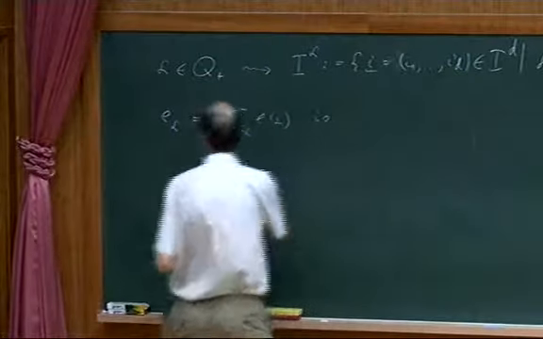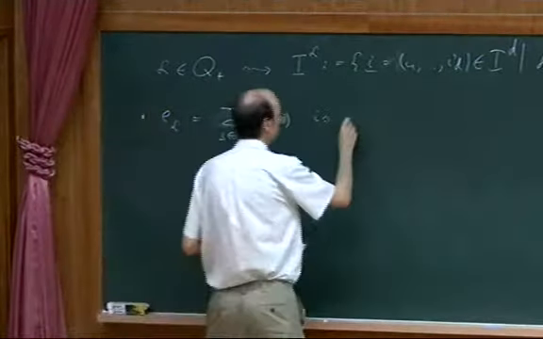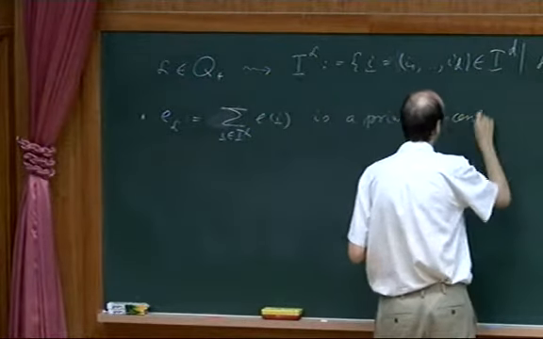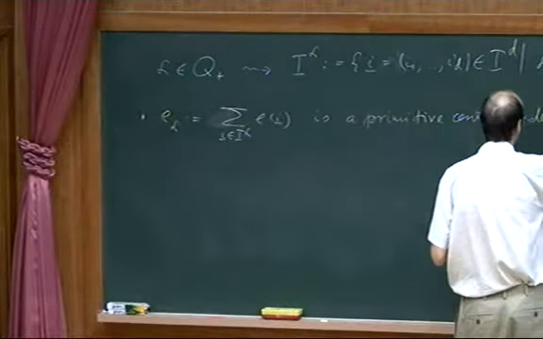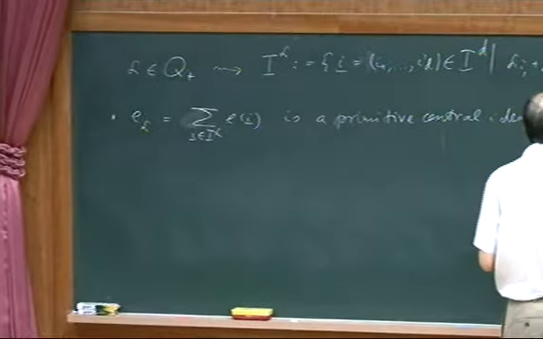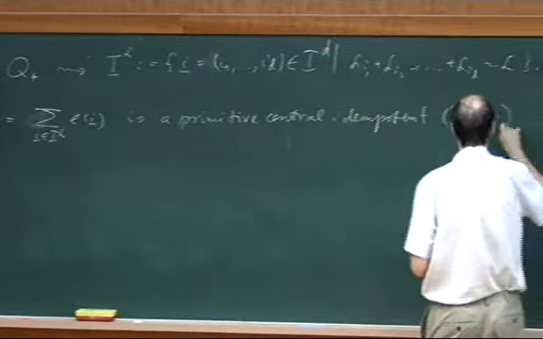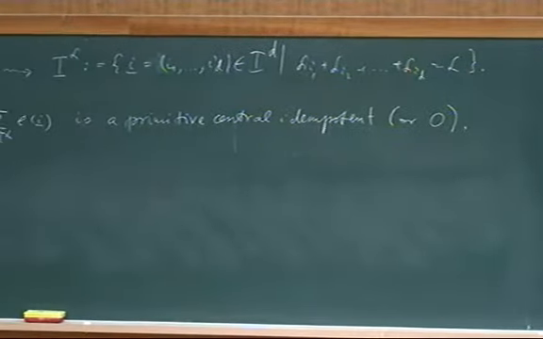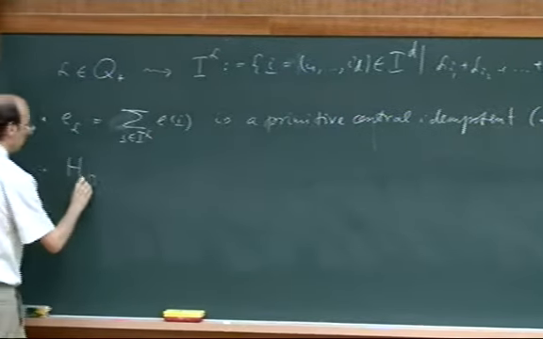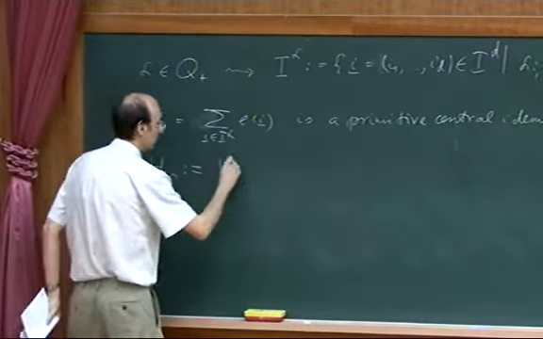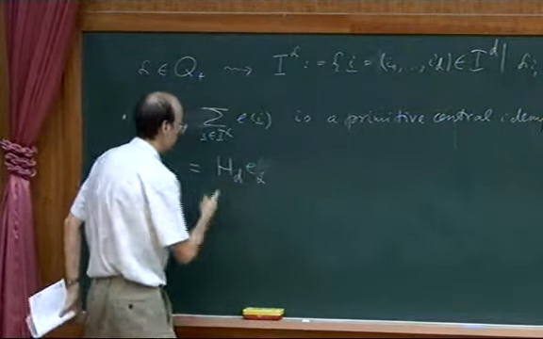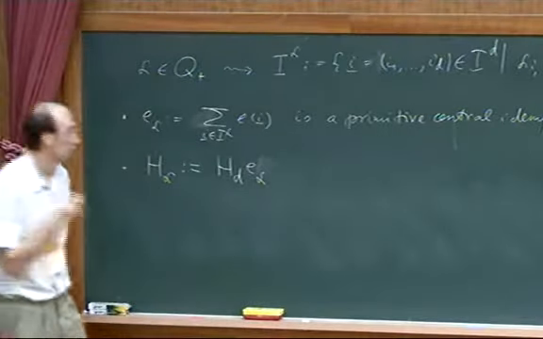So this is a little fact, that this is a primitive central idempotent. Okay, and so if I define now H_alpha to be H_d times this primitive central idempotent e_alpha, then this is a block.